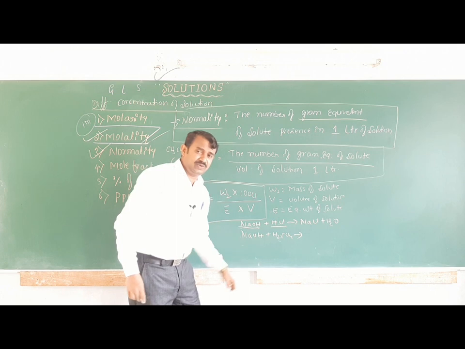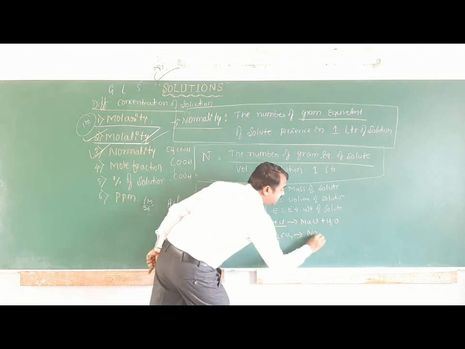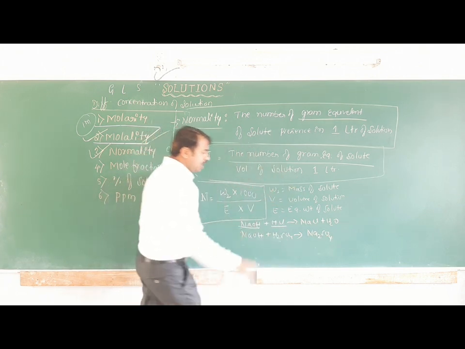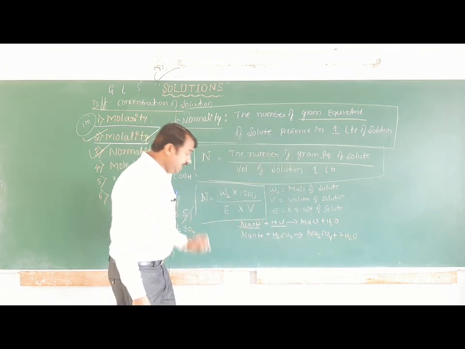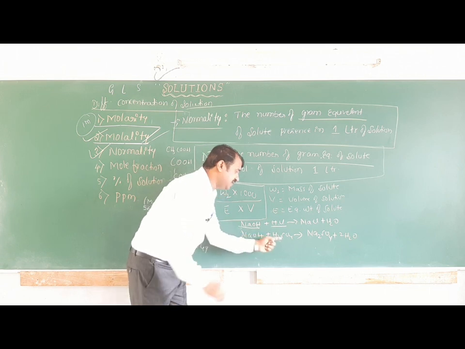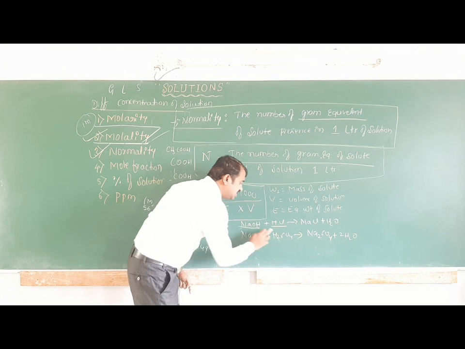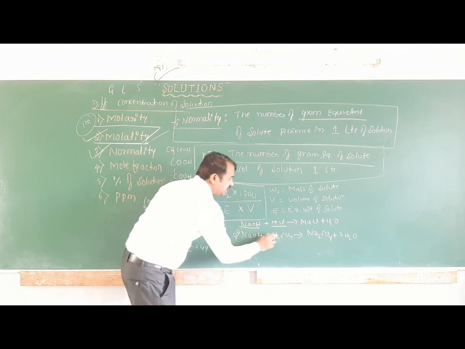Let me write the equation: sodium hydroxide reacts with sulfuric acid to form Na2SO4 plus 2 molecules of H2O. Sodium hydroxide is monobasic and sulfuric acid is a biacid, so you divide by 2: 1 mole of acid against half a mole, or take 2 moles of sodium hydroxide against 1 mole of acid.